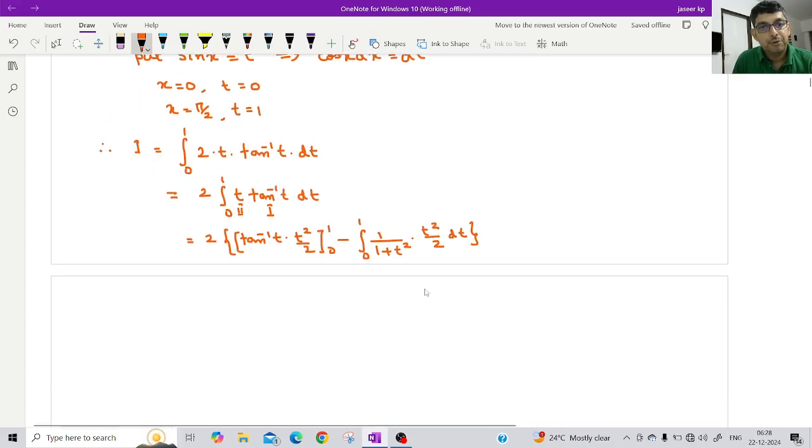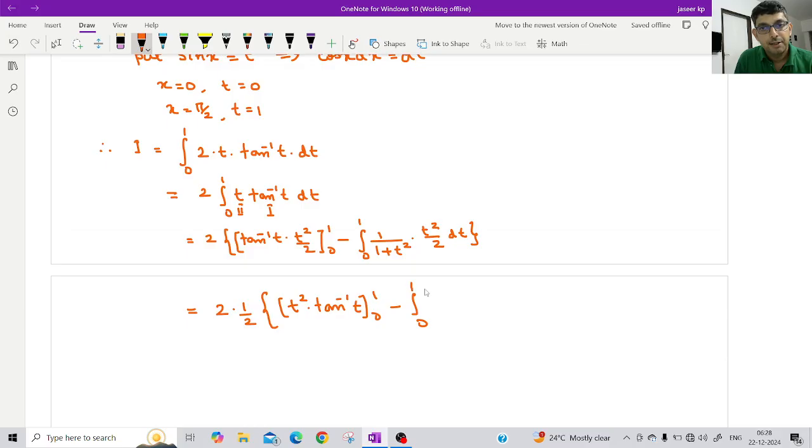So now we'll apply the limits. 2, there is 1 by 2 common in both of them, so that will be taken out. Then first is t square tan inverse of t from 0 to 1, minus integral 0 to 1 t square by 1 plus t square, where the numerator can be written as t square plus 1 minus 1, divided by t square plus 1 dt.